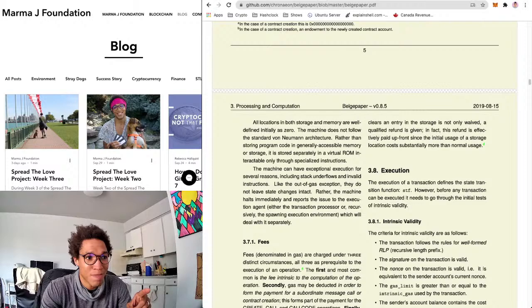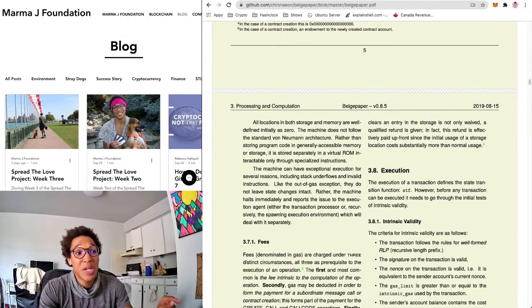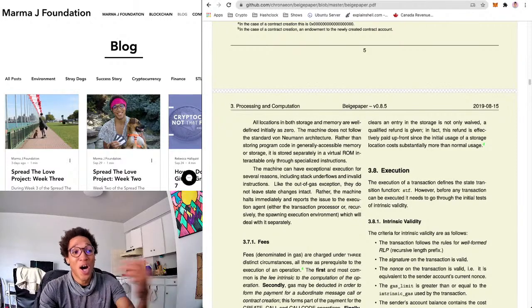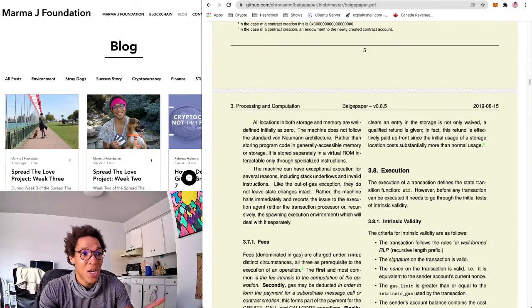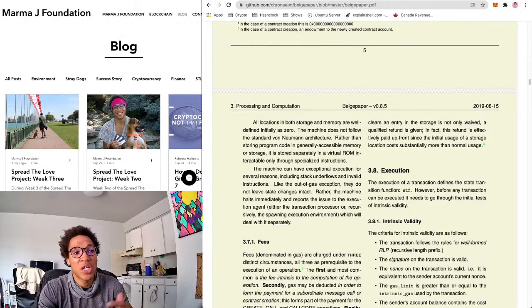But this is saying that not only is the fee to use the blockchain waived, but they're going to pay me in ETH. The refund is effectively paid up front. So I can get an upfront payment of ETH. I don't know, man, apparently, for clearing out storage in contracts.